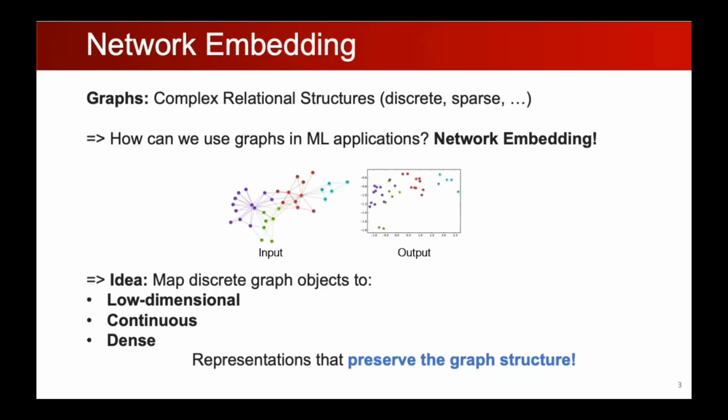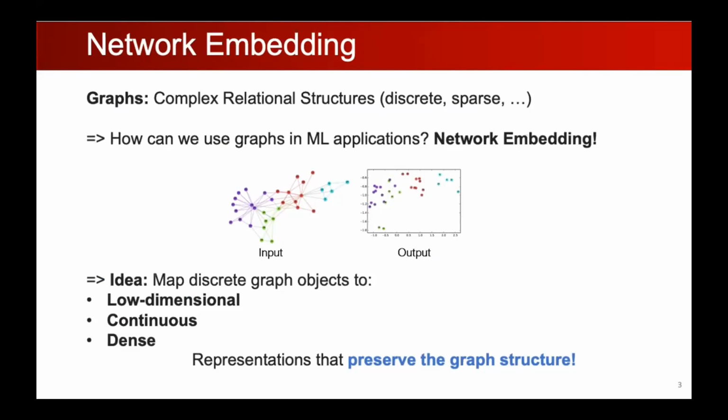And so this compressed graph representation should preserve the information that was available in the original discrete graph structure. So for instance, if I have two embeddings for nodes in the graph, and I know that the nodes are similar in the input graph, then one would hope that the embeddings preserve that information, such as by making the points close in the embedding space.